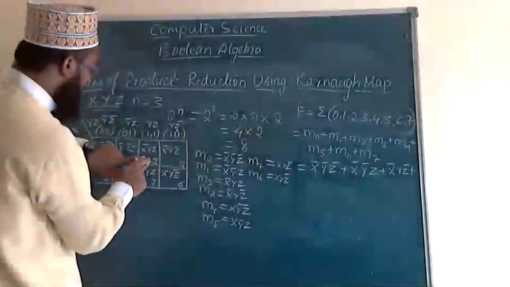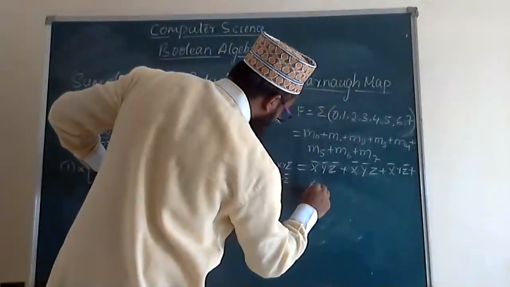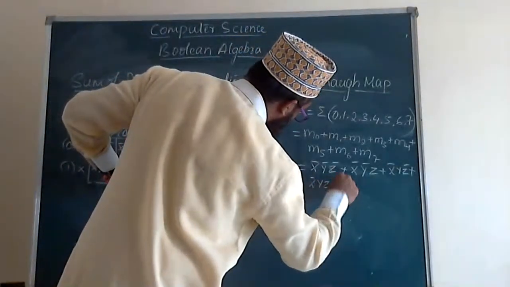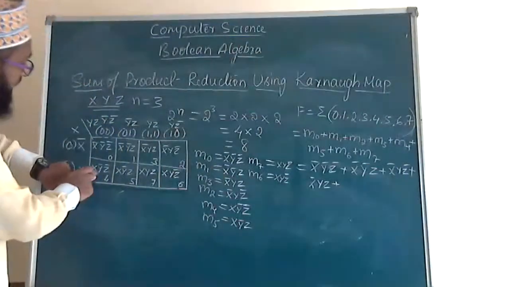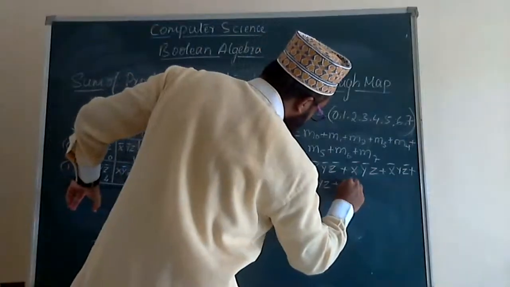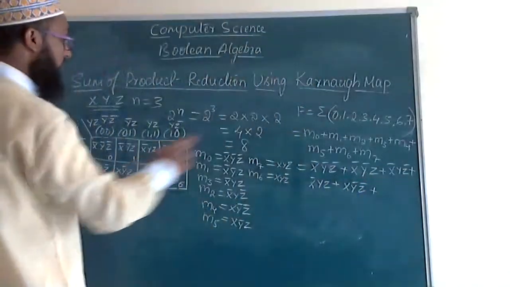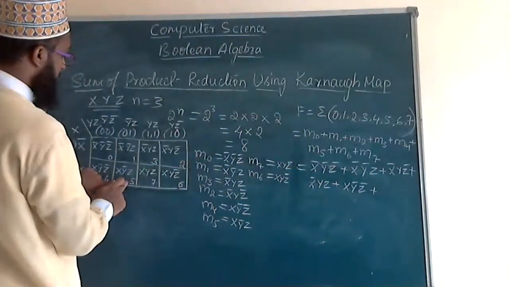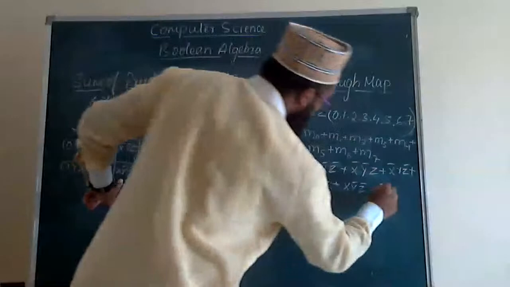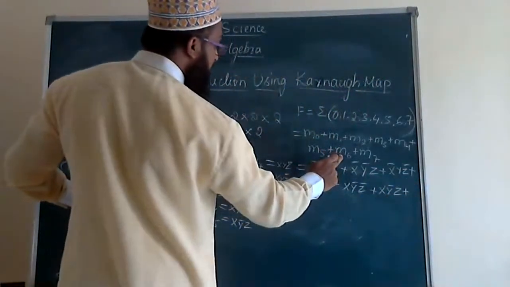For m3, number 3 square, x bar, y, z, plus then m4. Okay, m4 is here, x, y bar, z bar. Then m5. M5 is there for this square, min term x, y bar, z. Plus then m6 is there.